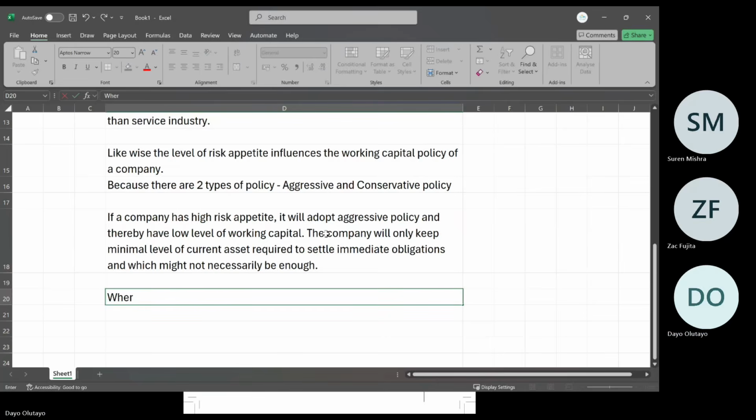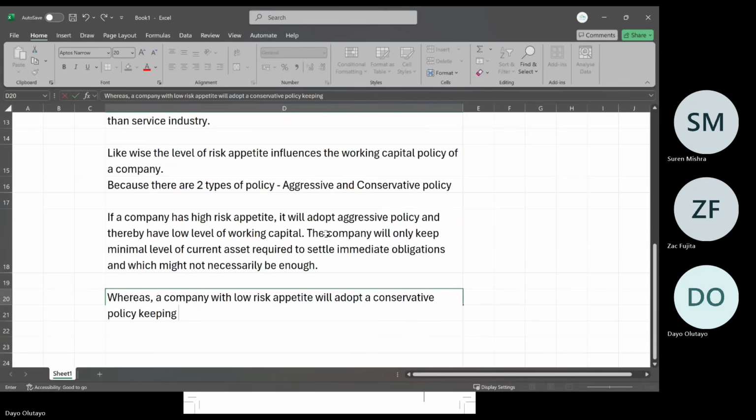Whereas a company with low risk appetite will adopt a conservative policy, keeping more than enough, because this guy wants to be safe.